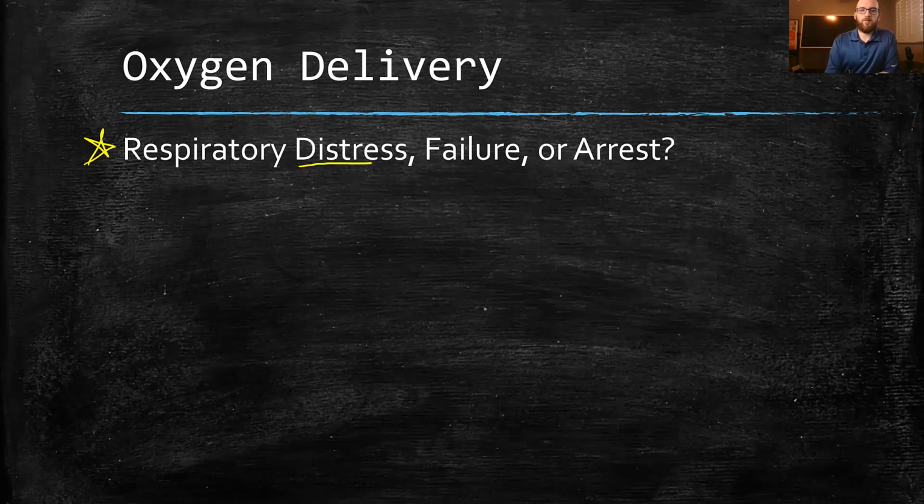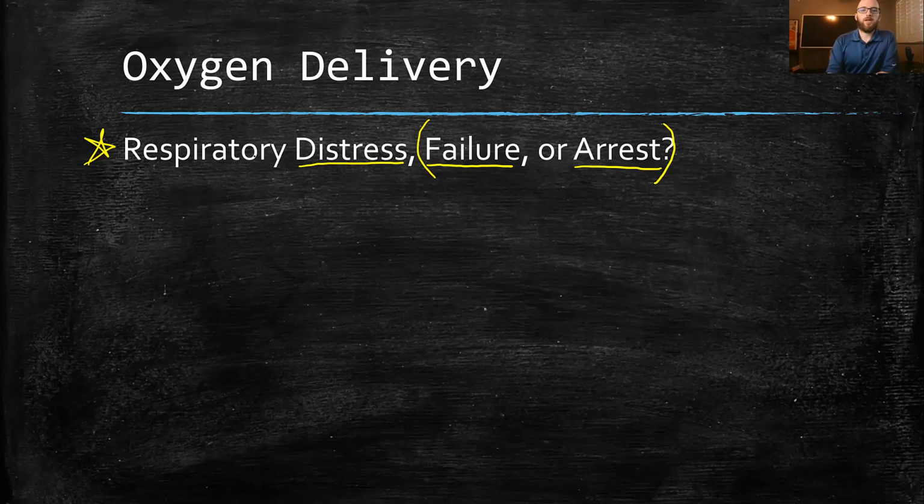Some of the terms we use for the severity progression are respiratory distress, respiratory failure, or respiratory arrest. A lot of people will confuse failure and arrest. So let's work our way through from bad to worse.